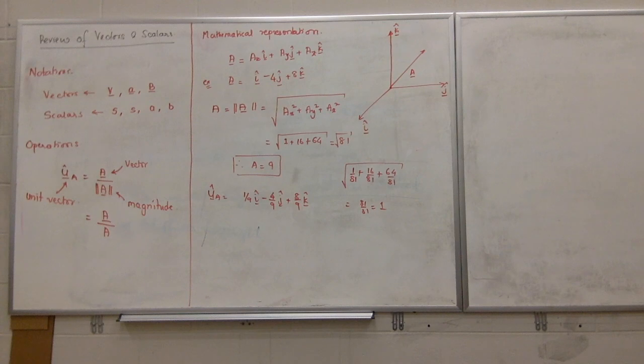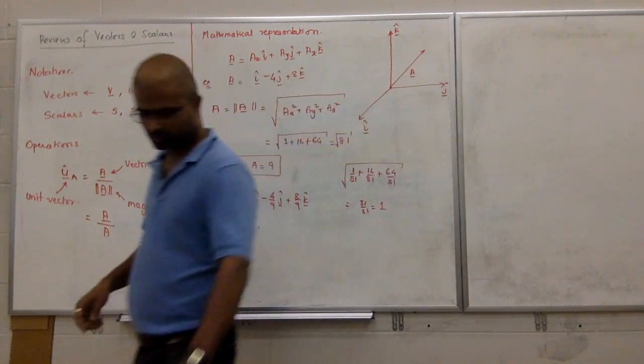If we change the basis, will the direction change? Yes. Will the magnitude change if we change the direction of this basis? No. Magnitude does not change. So magnitude remains the same. Okay? So that is what we need to learn.